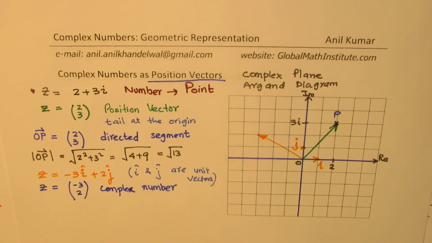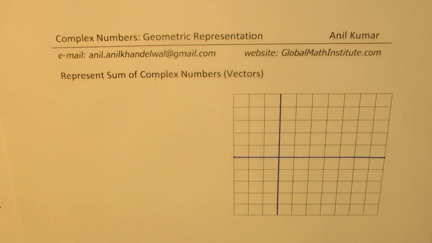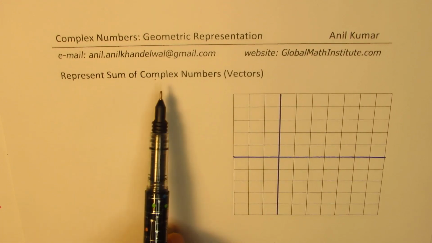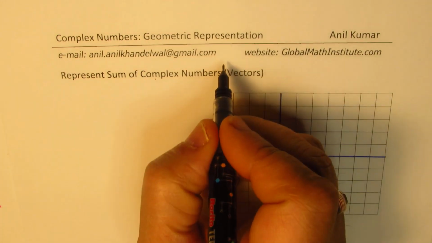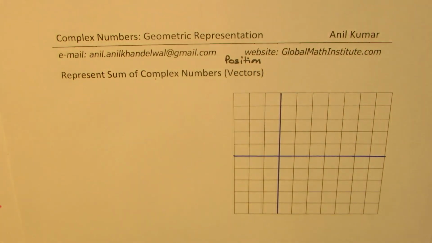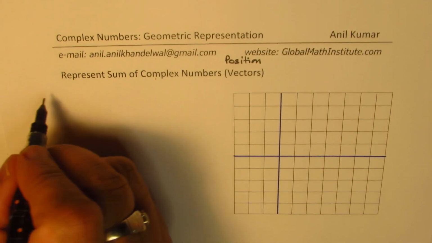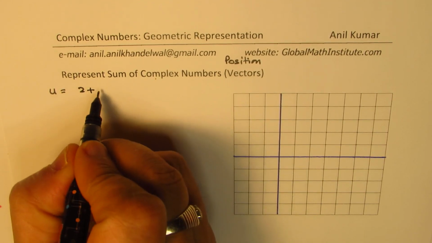Perfect. Now, let us also see how to add and subtract complex numbers when they are represented as position vectors. Let us take an example to illustrate how to represent the sum of complex numbers. We are considering position vectors. Let's say we have a vector u, which is 2 plus 3i.